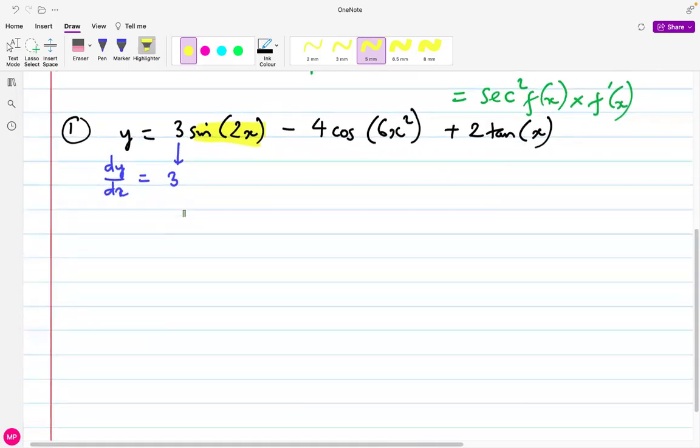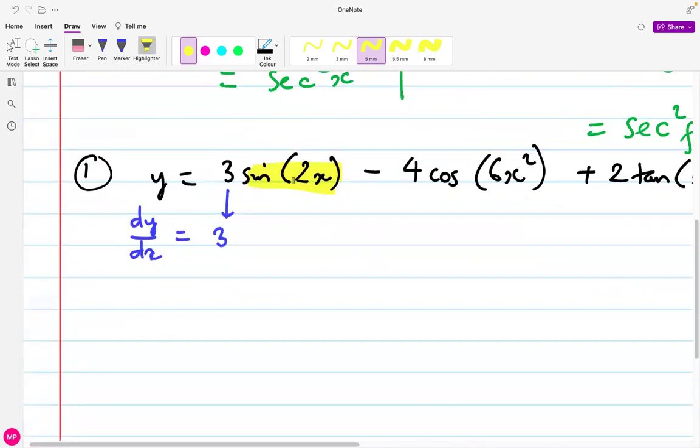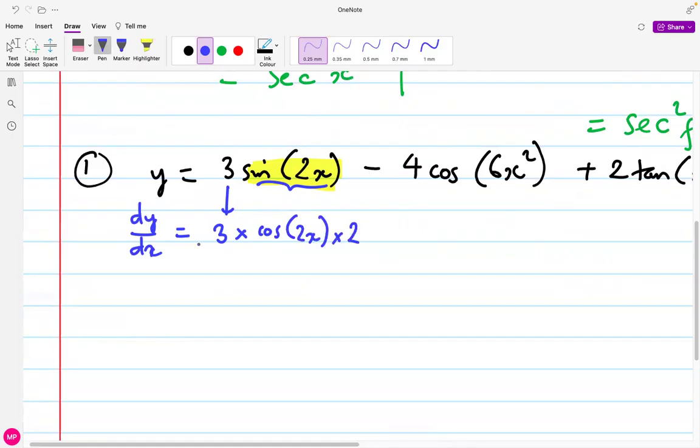Sin of 2x becomes cos of 2x, and then we times by the derivative of 2x, which is 2. Then we combine them: 3 times 2 equals 6, so 6 cos of 2x.